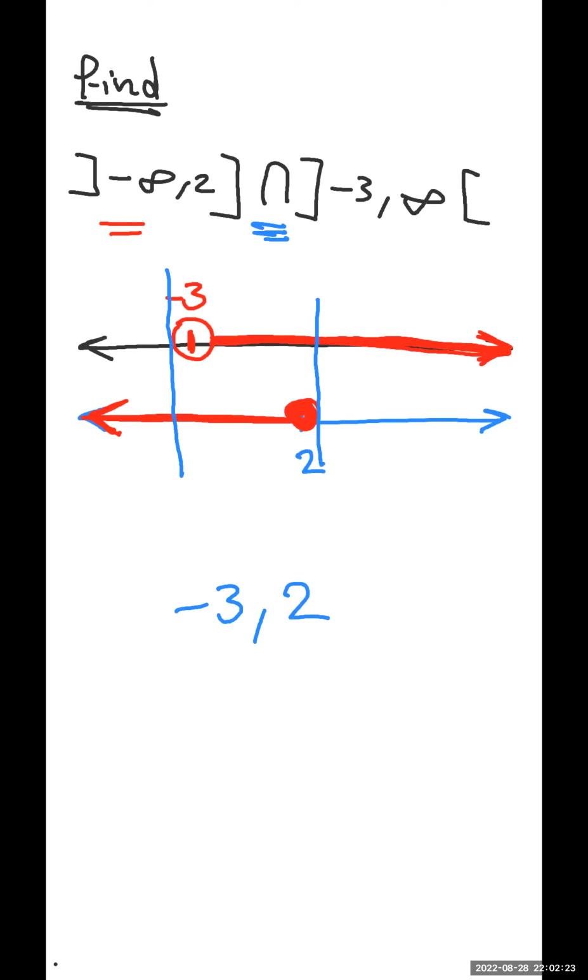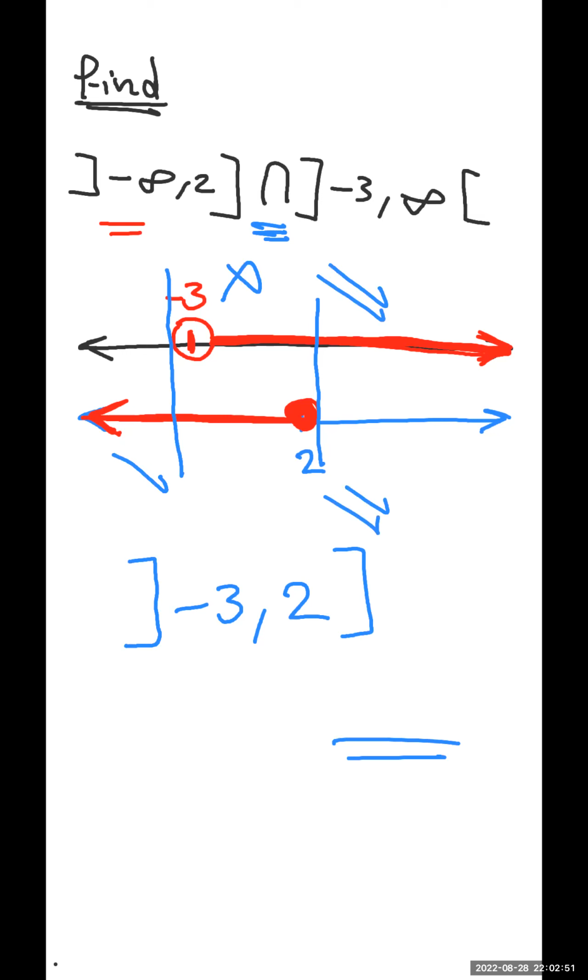Now, intersection means that the element exists in the two intervals. Do we have -3 in the two intervals? Here, yes. Here, no. So open from this side. But does 2 exist in the two intervals? Yes, definitely. Here and here, so closed. So the question is finished. I think it's very easy.